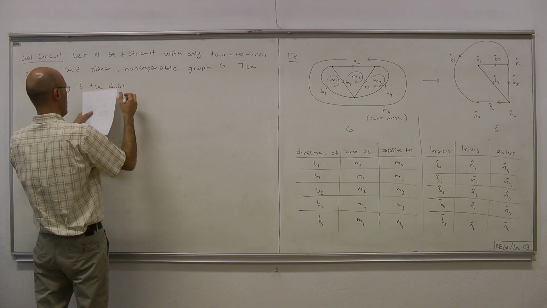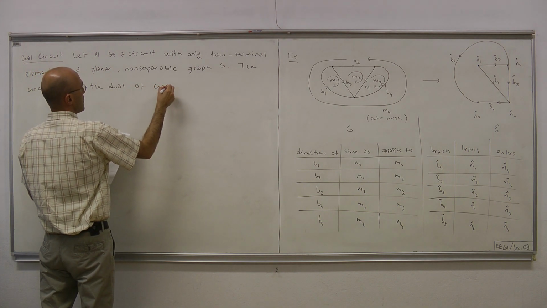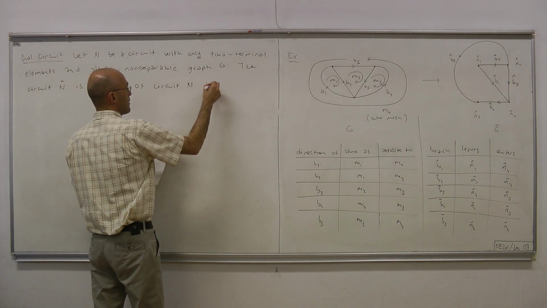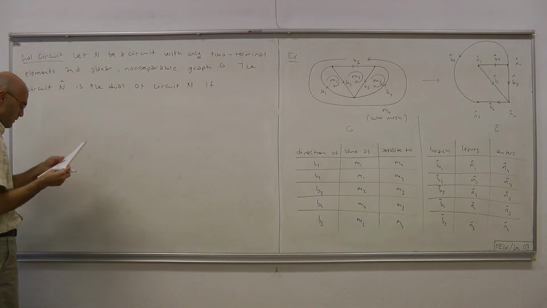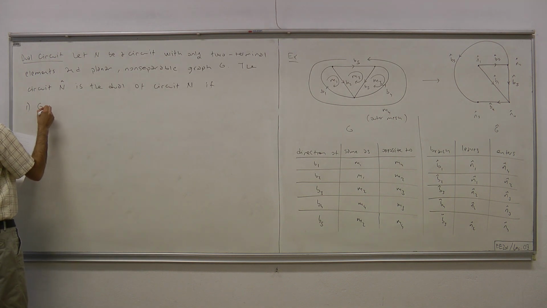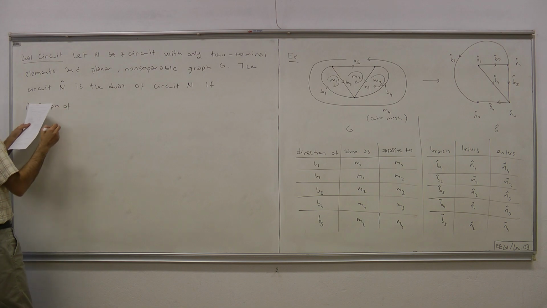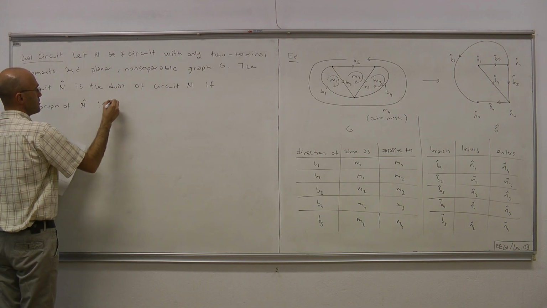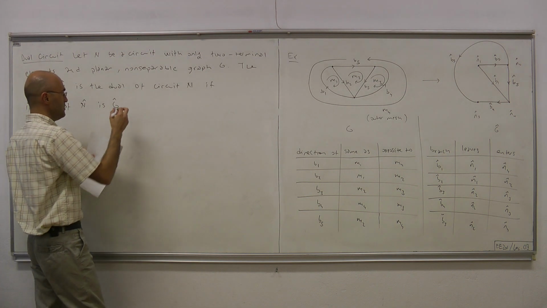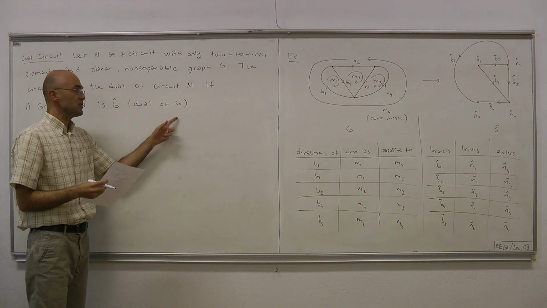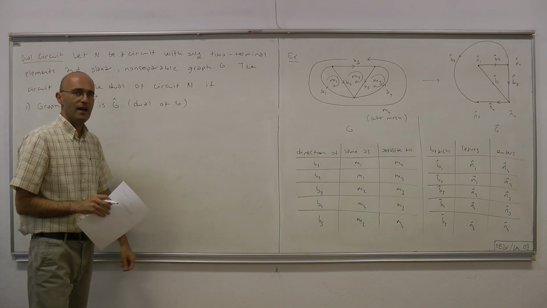It is the dual of the original circuit, and if the graph of N hat is G hat. Okay, G hat is the dual of G, and G is the graph of the original circuit N.